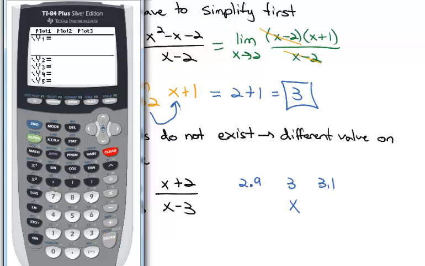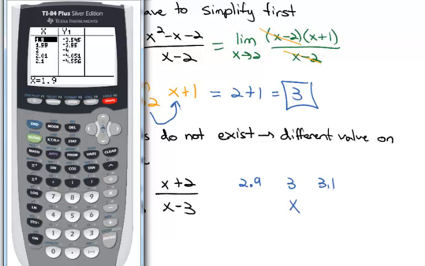Clear that out. And in parentheses in the numerator, we have x plus 2 divided by, in parentheses in the denominator, x minus 3. And when we hit second table, we don't want these numbers. Can I clear out answers? Nope, they don't want to clear out. Delete. Delete gets rid of them.